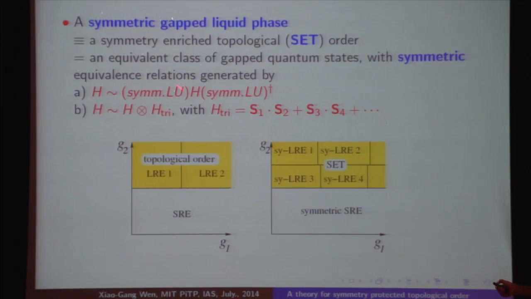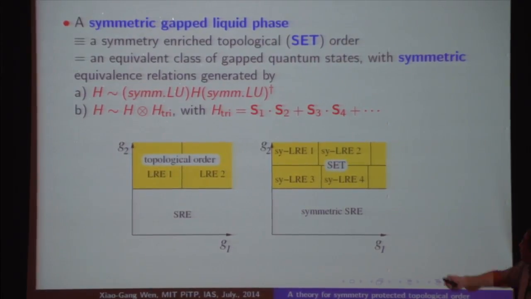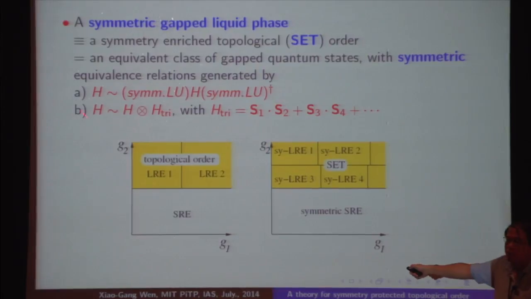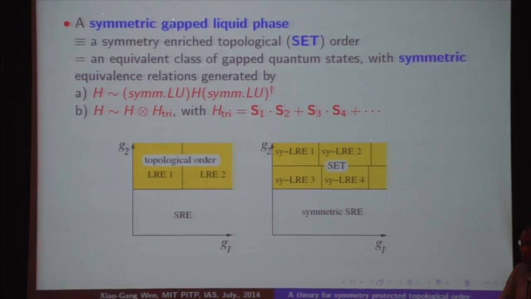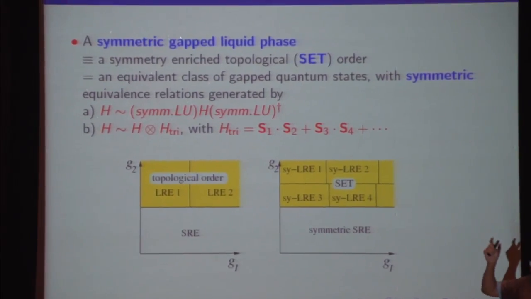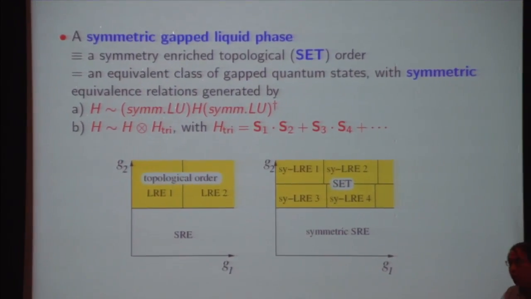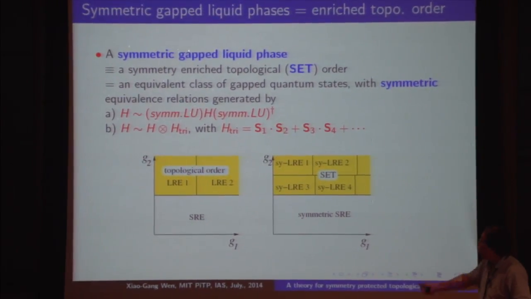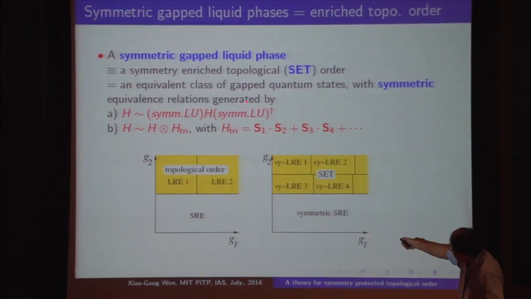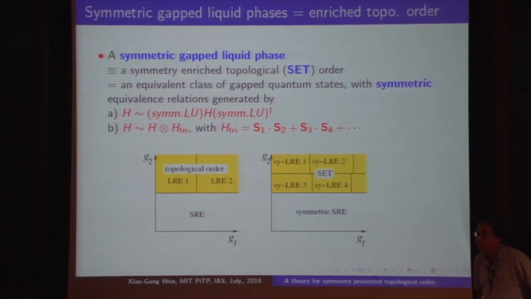The reason is that, in the definition of gapped phase, we have this local unitary relation. We say two Hamiltonians are equivalent if they differ by a local unitary transformation. But when you have a symmetry, then you require not only that the Hamiltonian has a symmetry, that's our input. So how do you know two symmetric Hamiltonians are equivalent? Our definition is that we only use so-called symmetric local unitary transformations.